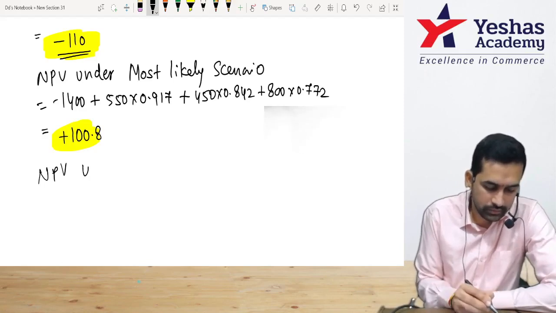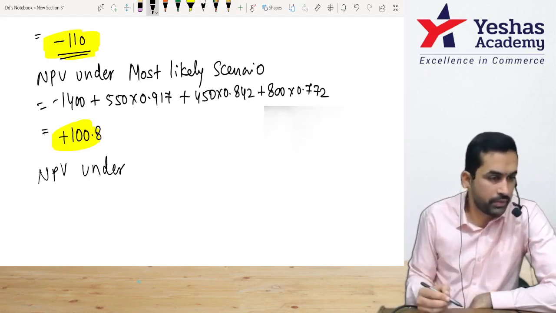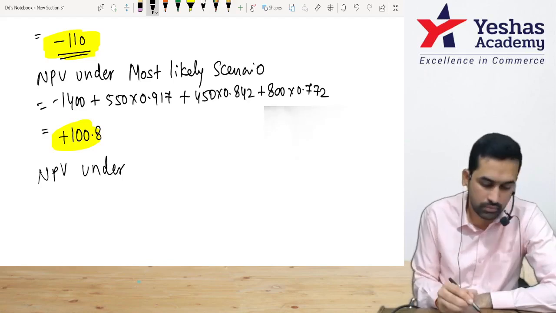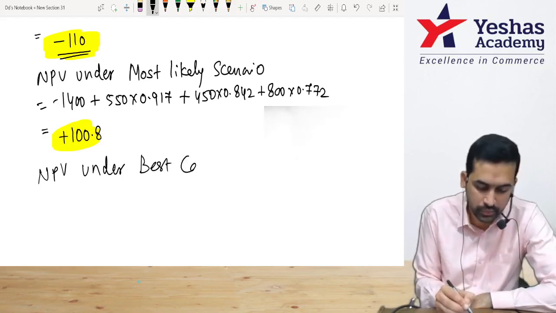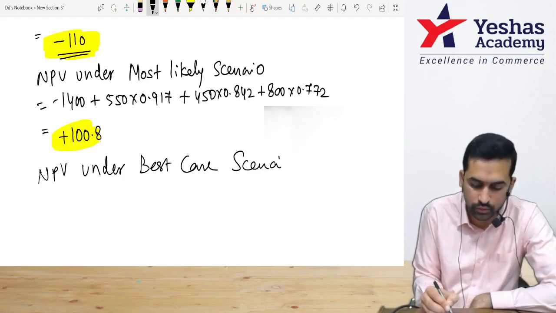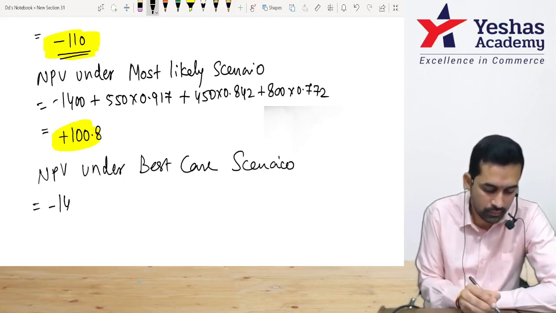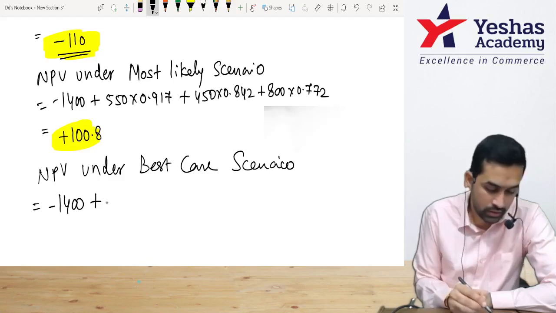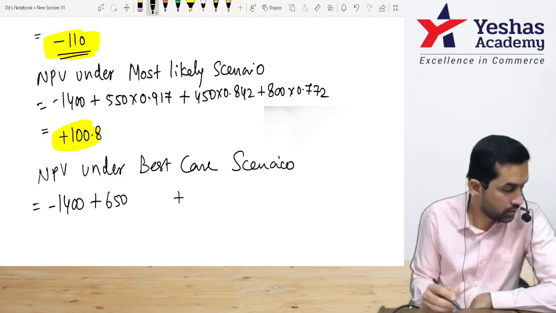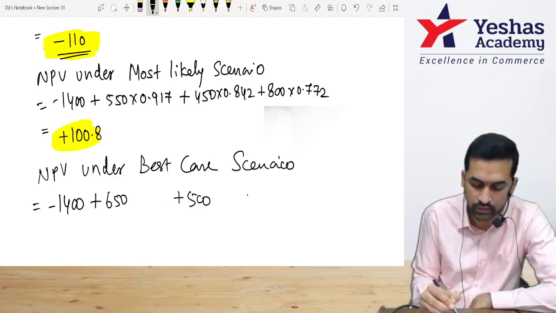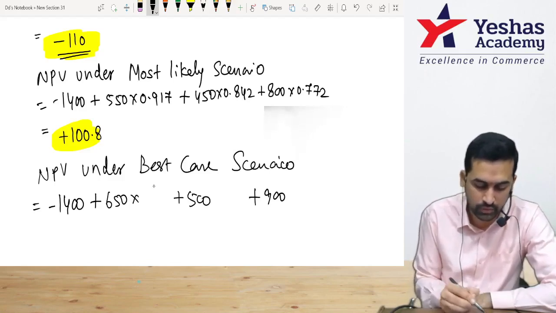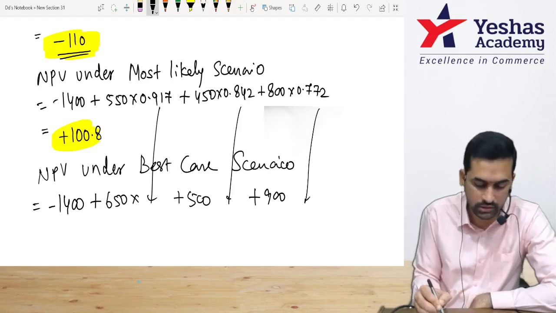Last combination, NPV under best case scenario. Here you take 650, 500, 900 into the factors.